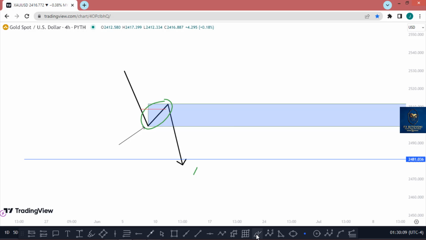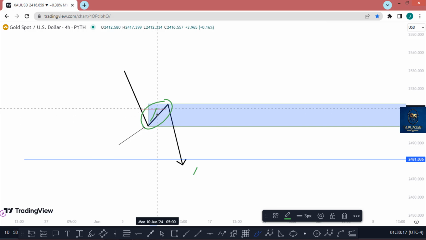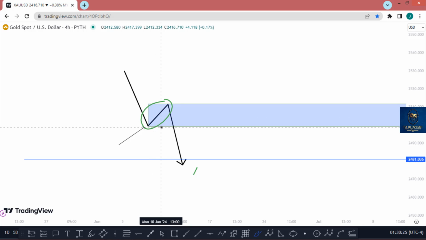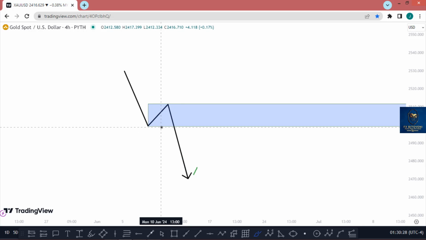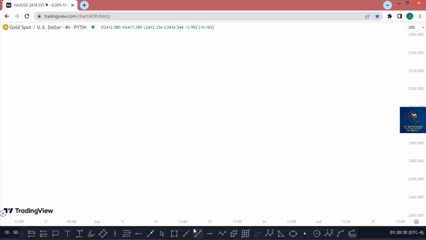So in order to hit this liquidity, there will be another small reaccumulation forming here, another small reaccumulation forming here, another small reaccumulation forming here. Let me draw it in a bigger picture so that you understand what I mean.